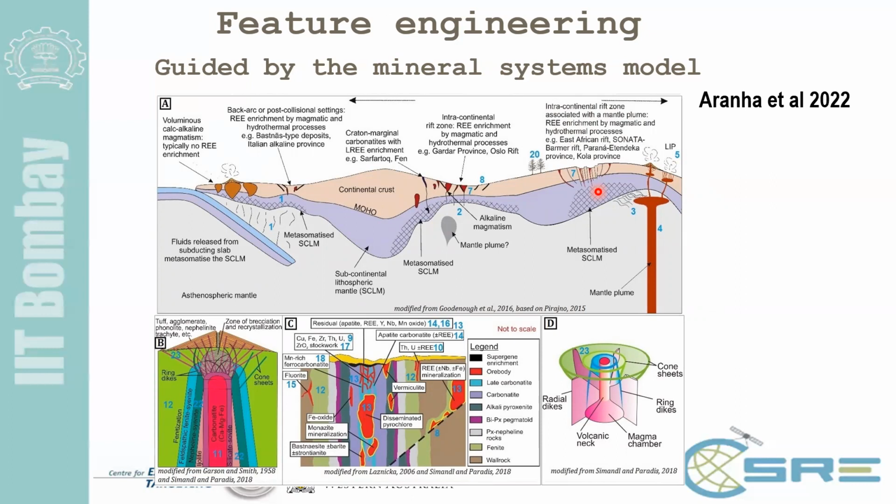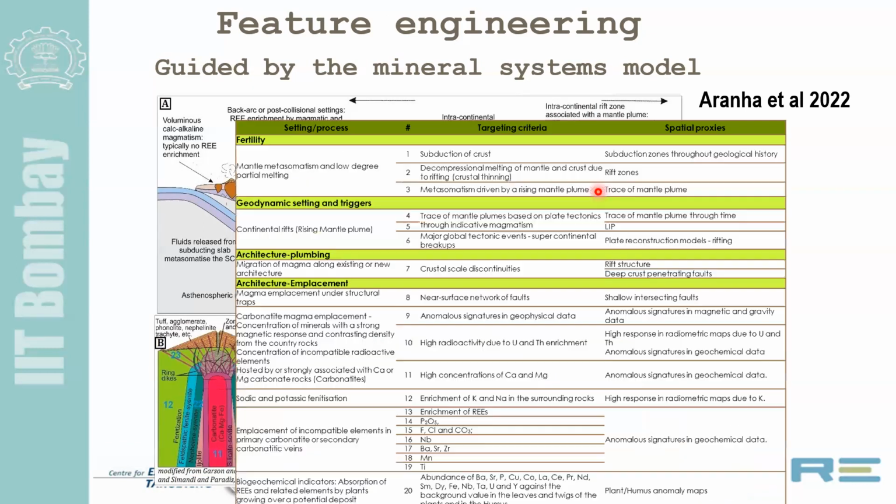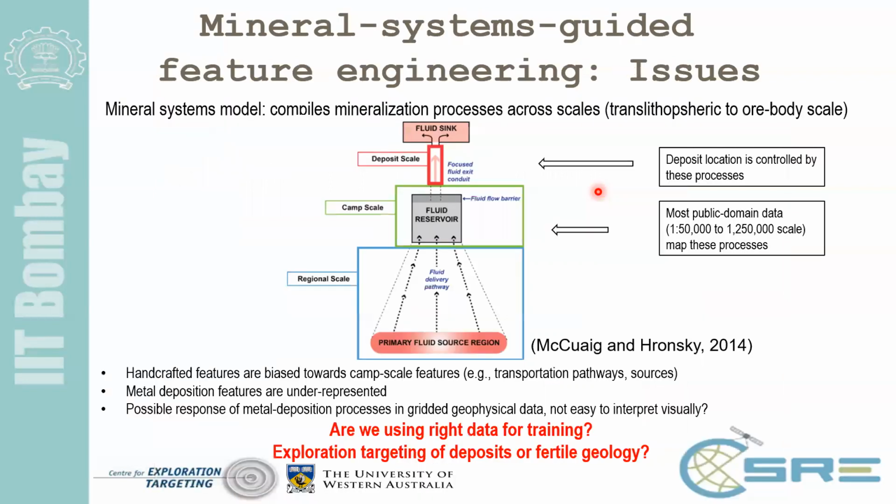Just to take an example, he put together a mineral system about the geodynamic settings where critical metals can form, then what the fertile sources are, and what architecture is required. All of that has then been listed in the form of this table, where we have all possible processes listed out that can lead to the concentration of critical metals in specific parts of the crust or the formation of critical metal deposits.